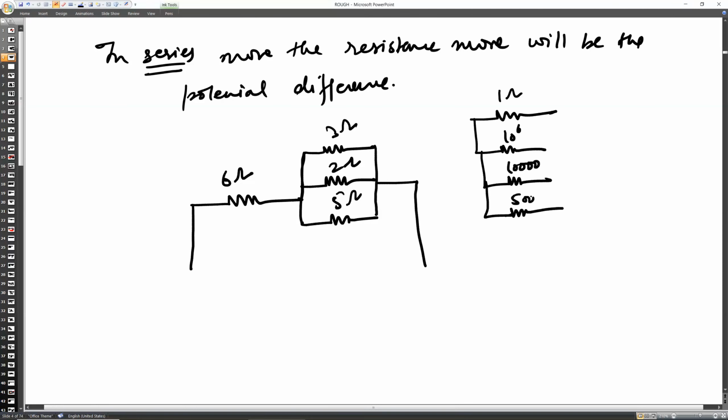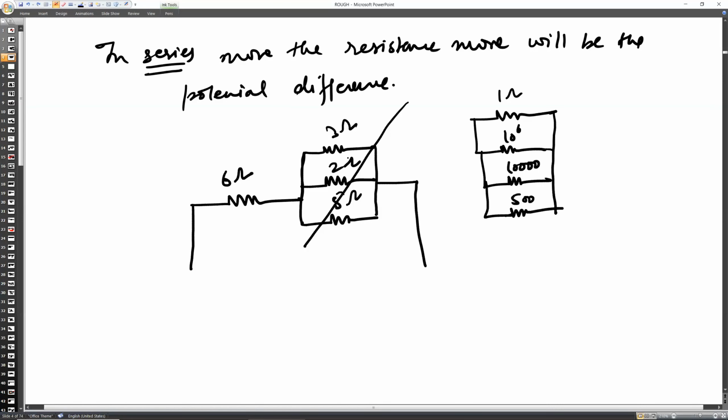Whatever the value, when you calculate the equivalent resistance, it will always be less than the lowest resistance. The lowest resistance is 1 ohm, so the answer will be less than 1 ohm. In this case, you will get less than 2 ohm, because 2 ohm is the smallest resistor.